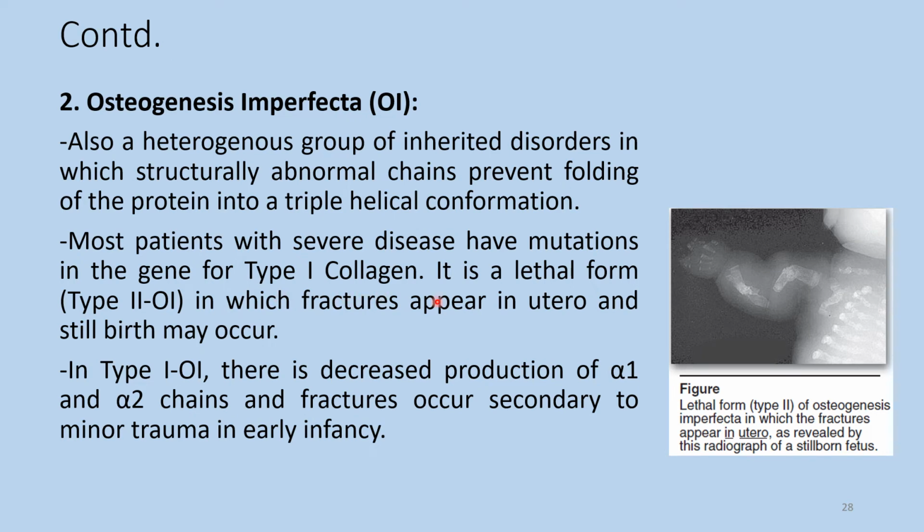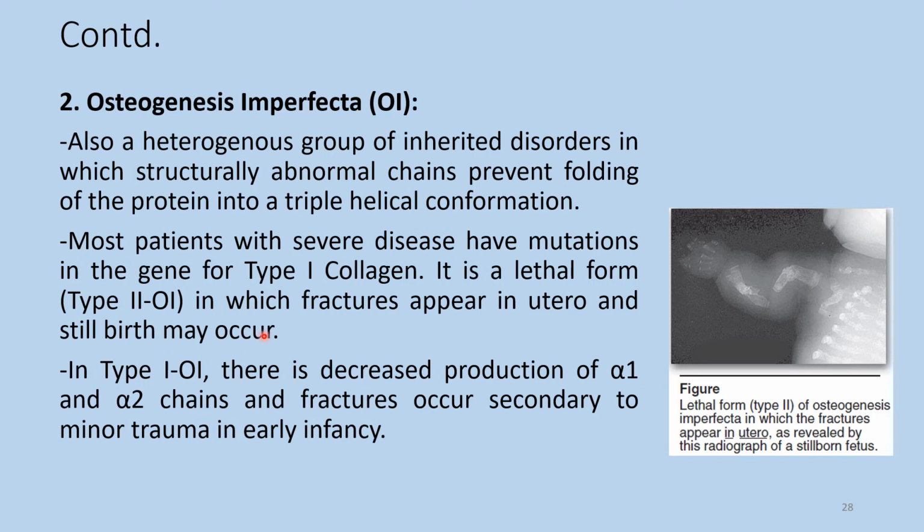This is the lethal form, or type 2 osteogenesis imperfecta. There are two types of osteogenesis imperfecta, type 1 and type 2. Type 2 is lethal, in which the fractures appear in the womb, that is in the uterus, and stillbirth may occur.